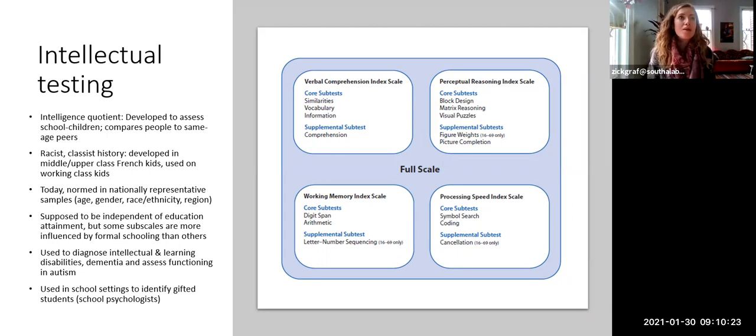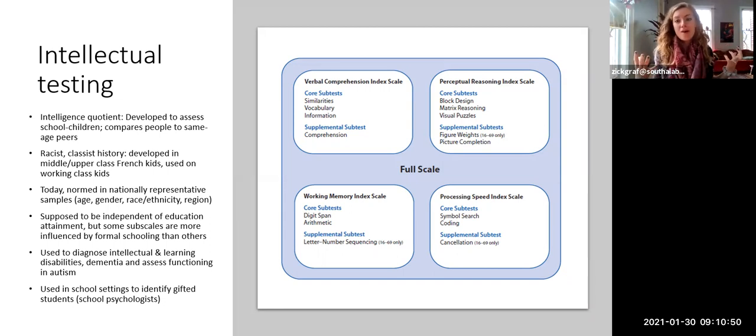Similarly, one of the ways that we assess someone's verbal functioning, their ability to process complex ideas verbally using language, is we ask them vocabulary questions. This part of the Verbal Comprehension Index, the VCI, is way more sensitive to how educated someone is than the similarities subtest, where we ask people basically to think about ways in which two concepts are similar.